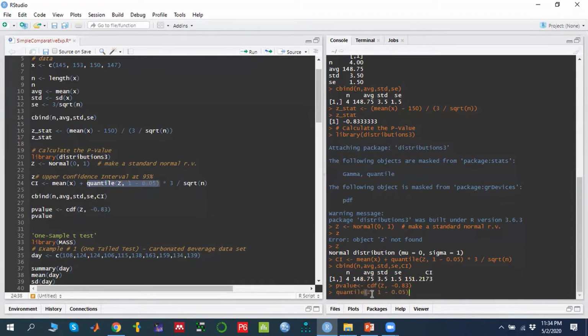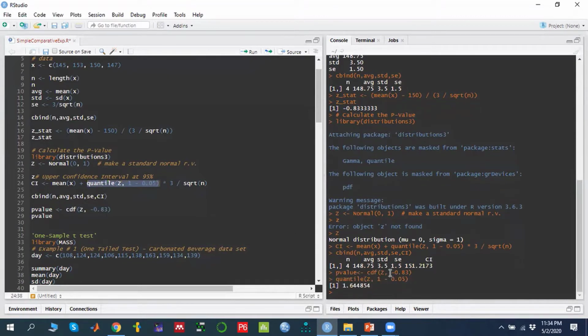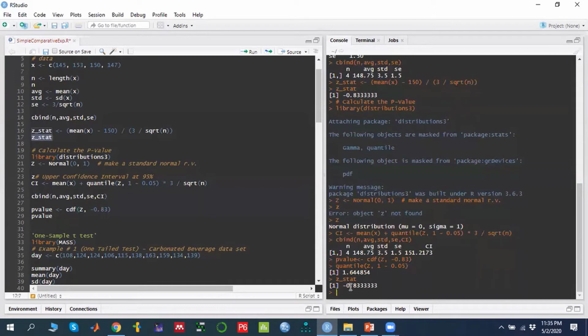If I use this one, I'm getting it using the Z statistic. This is basically the table. So using the Z statistic, minus 0.833. So that is the Z, comma, the Z statistic value. That means we are basically talking about this.